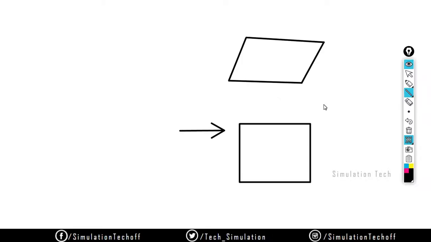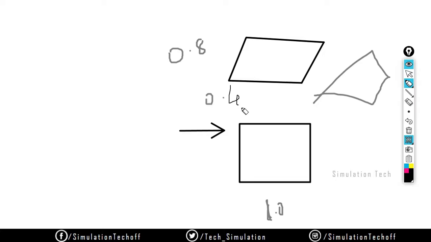How much does it actually deform? That matters. Right now I give a factor of 1.0. If it is deformed like that, I will say this is 0.8. If it is more deformed like this, I will say 0.4.